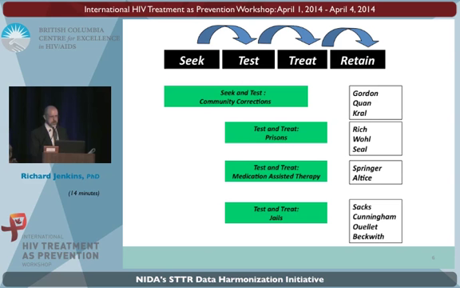But not all studies contain all aspects of the cascade. Particularly in the criminal justice cohort of studies, we have some that emphasize the seek and test. Most of the studies are really looking at test and treat. Some are really emphasizing the drug treatment aspect. Others, the HIV linkage to care aspect.